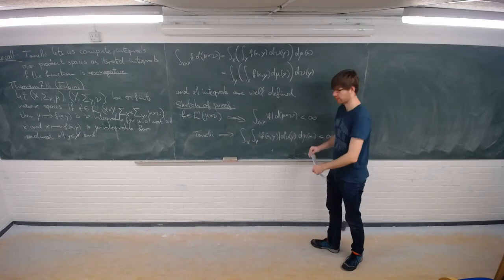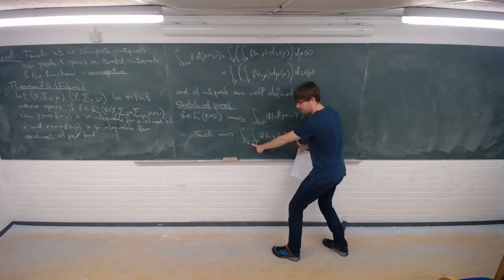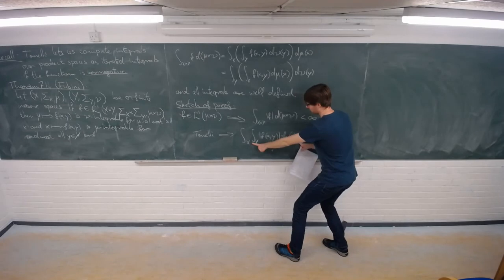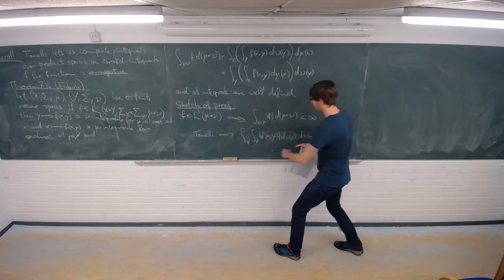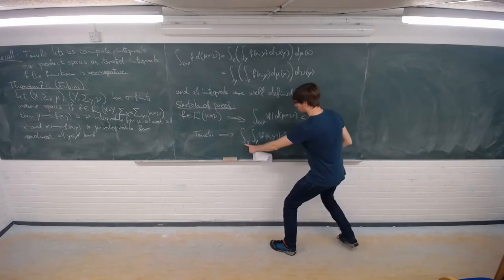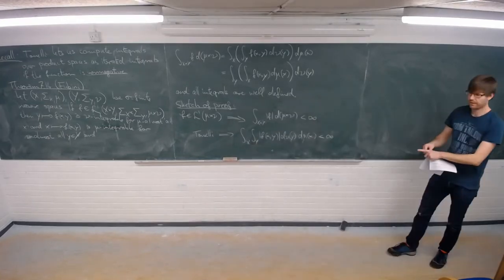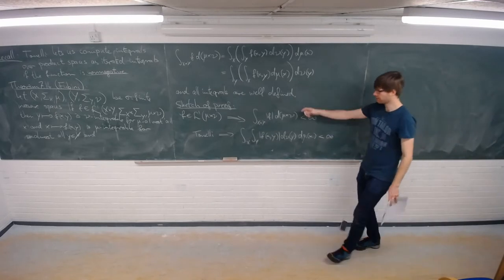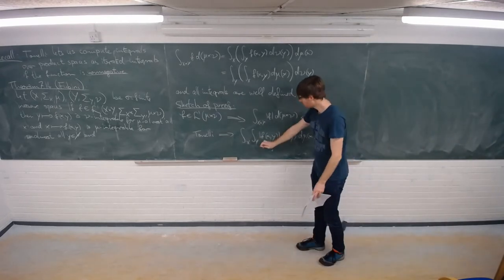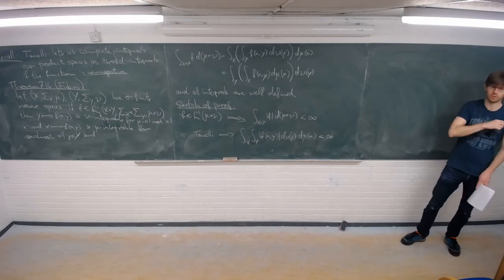Now this inner integral, we can consider as a function of x, right? And this line here tells us that the x integral of this function of x is finite. And we've seen that if the integral of a function is finite, then the function itself must be finite almost everywhere.